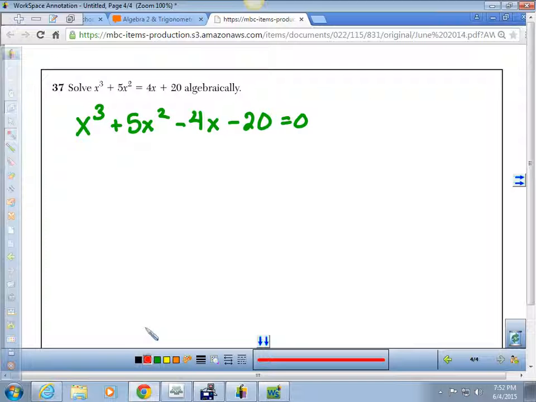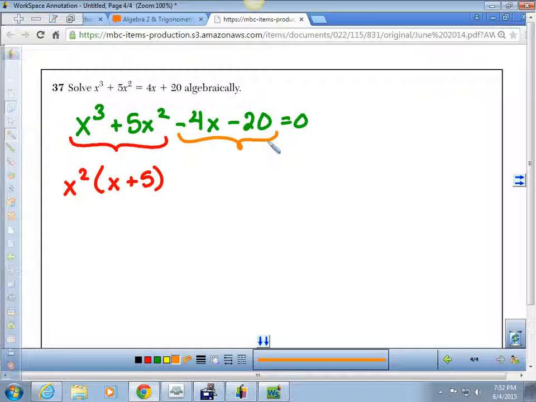Factor by grouping. I'm going to group these first 2 together. What can I factor out of those 2? x squared would leave me with what? x plus 5, right? Okay. How about these 2? Yeah, they're both negative, right?